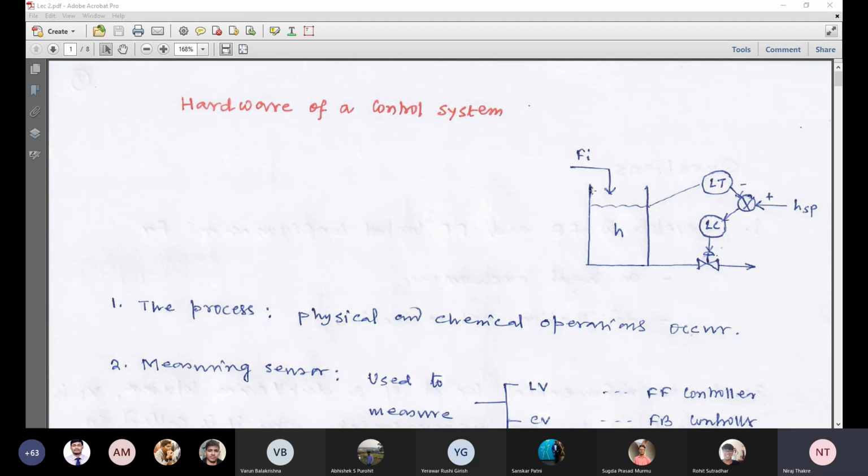So first one you see, first one is this process, liquid tank system. So that's why our first hardware element is the process. It's basically an open loop process, you know. For this example system, it is this liquid tank system with its inlet and outlet flow rate. That's it.